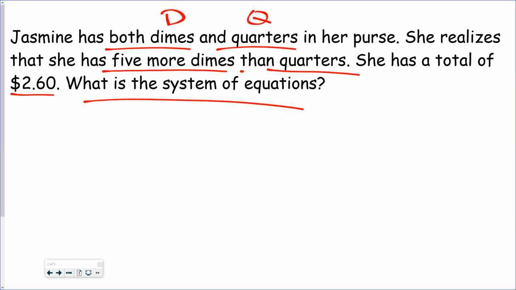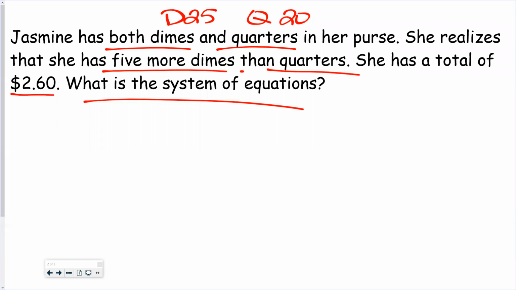So they told us we have 5 more dimes than we have quarters. So for instance, if I had, let's say, 20 quarters, then I would have to have 25 dimes.